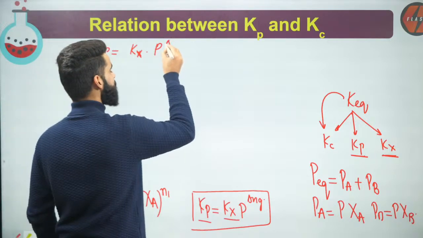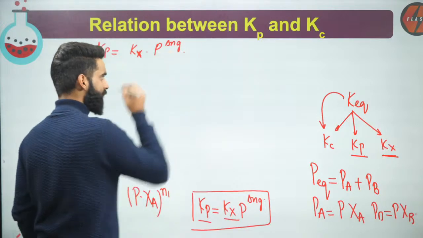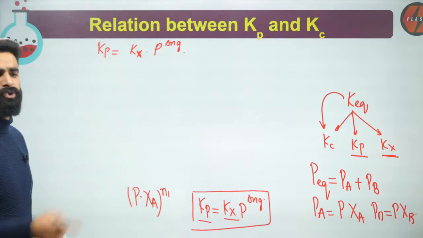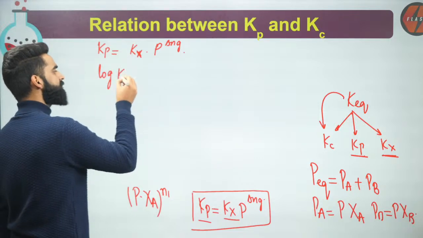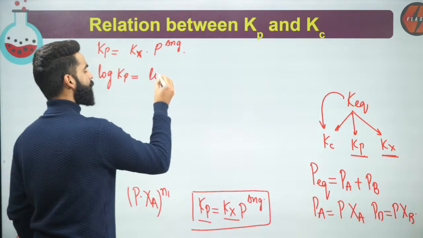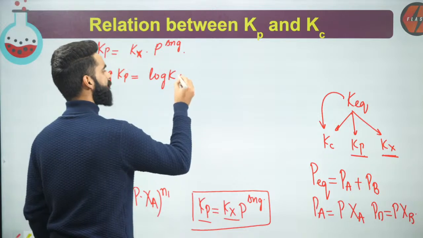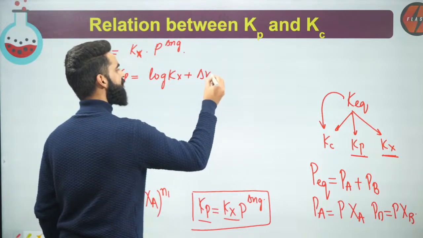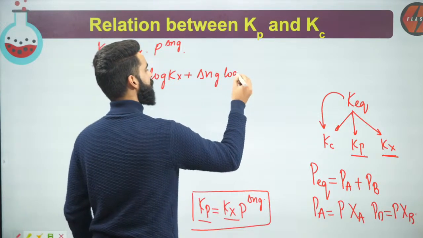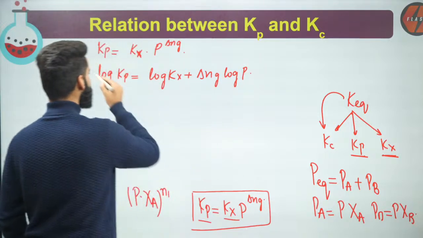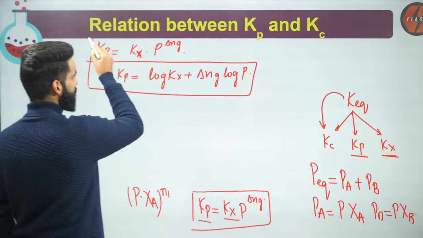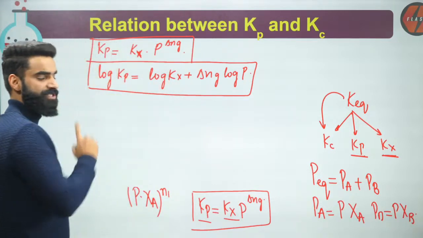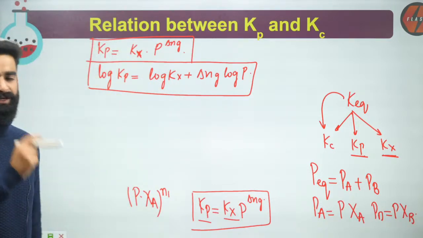If I want to get the logarithmic form, I'm supposed to multiply throughout by log. So can I say I'll get the equation like this? Log of Kp will be equal to log of Kx plus delta Ng times log of P. Yes, this will be the expression in the logarithmic form. These are the two expressions which I want you guys to remember right here.